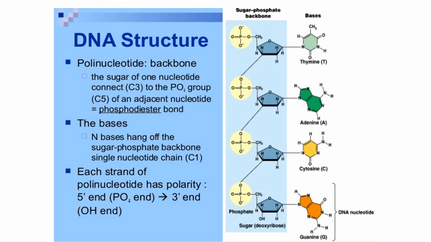In this figure, you can see different bases: thymine, adenine, cytosine, and guanine, which are the basic nitrogenous bases of the DNA structure, while deoxyribose in the blue color is bonded to the phosphate and to the nitrogenous base.